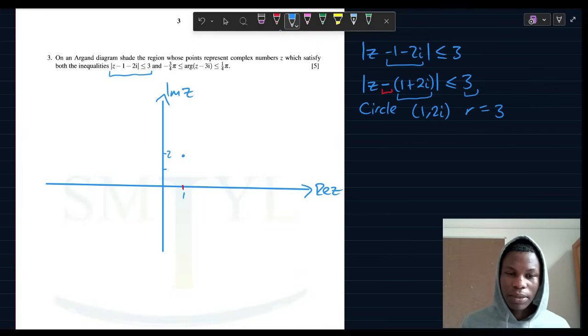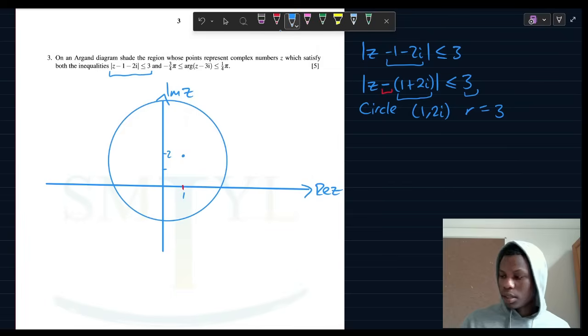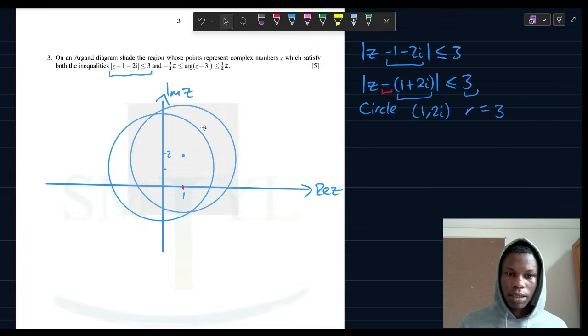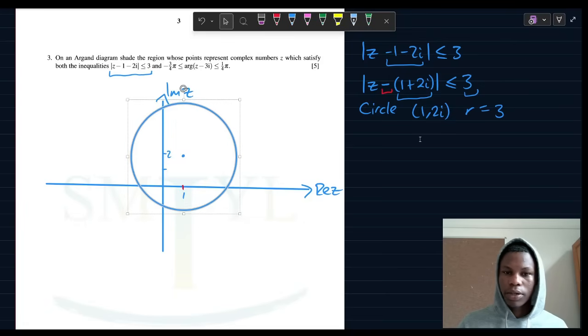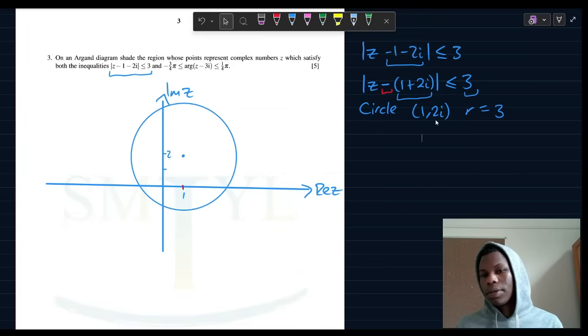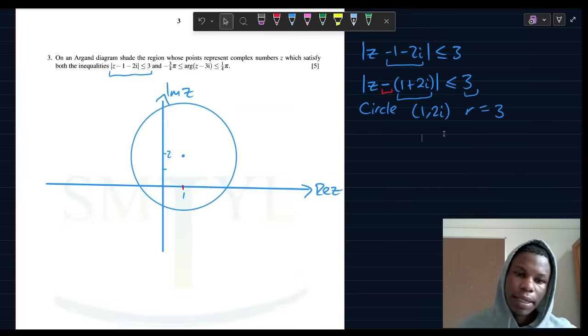So we want a circle with radius 3, something like that. Let me just adjust this. Okay, this is going to be your circle with radius 3 and center 1 and 2i.